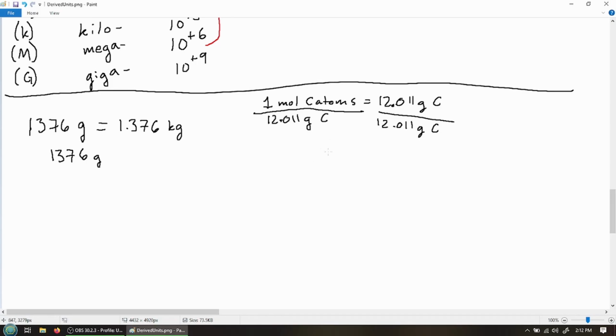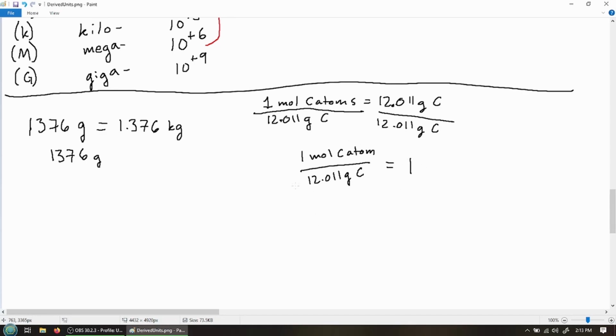And then what we end up getting is what we call the molar, or the atomic weight. We say that 1 mole of carbon atoms per 12.011 grams of carbon is equal to 1. And we can take anything and multiply it by 1 and not change the value.